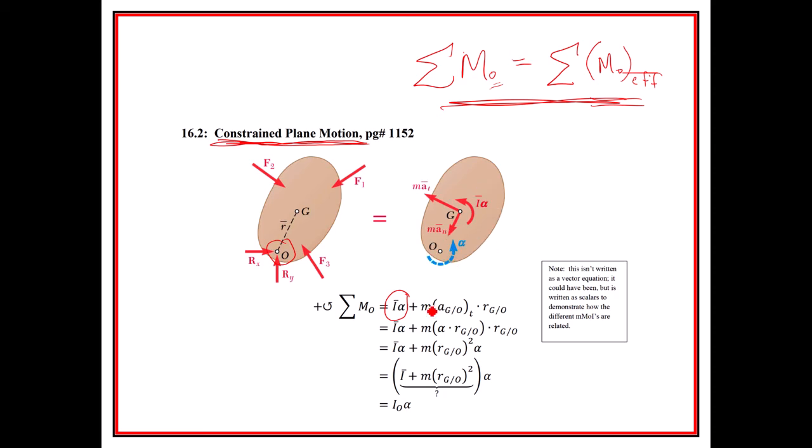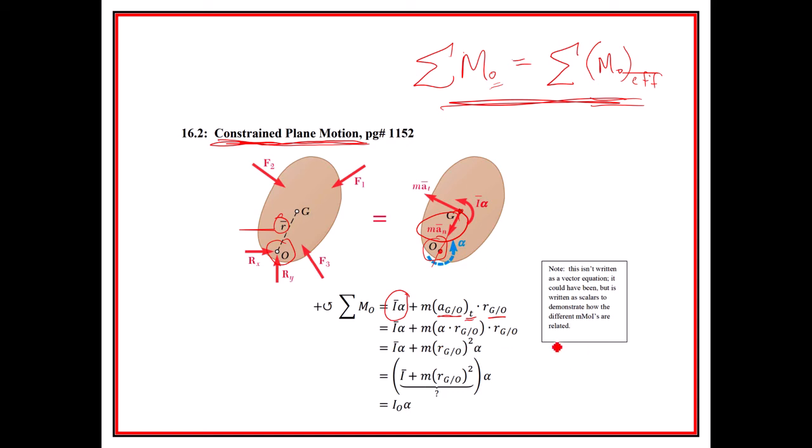But because we're taking it about O instead of the center of gravity, we also have mass times the acceleration at the center of gravity, only the tangential component, because the normal component passes through the point we care about, times the distance from the center of gravity to the point we're rotating about, R, G with respect to O.